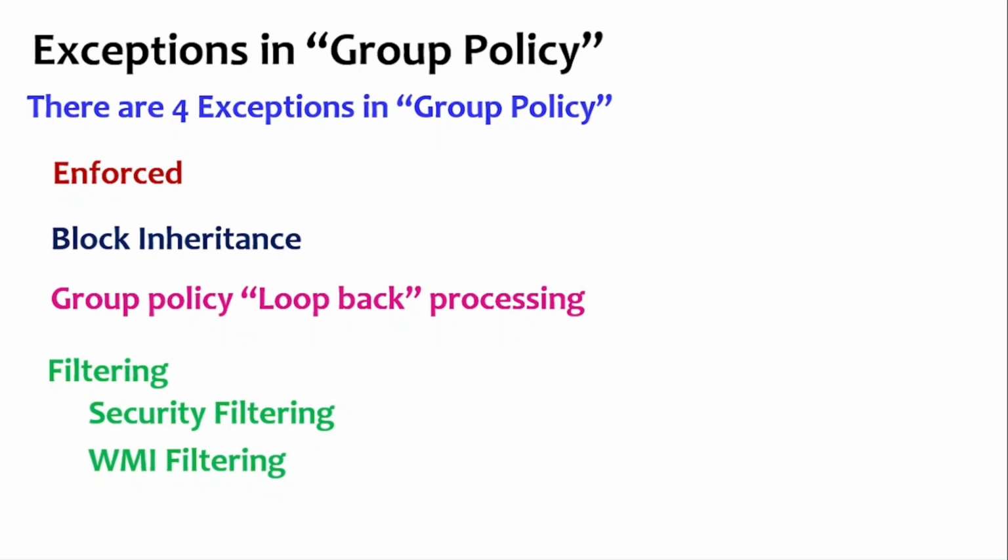So these are the 4 exceptions in group policies: enforced, block inheritance, group policy loopback processing, and filtering, with 2 types of filters, security filtering and WMI filtering. Today we are only focusing on enforced, the first one.